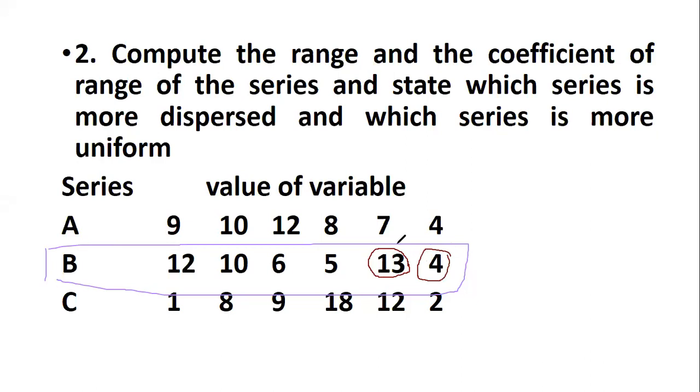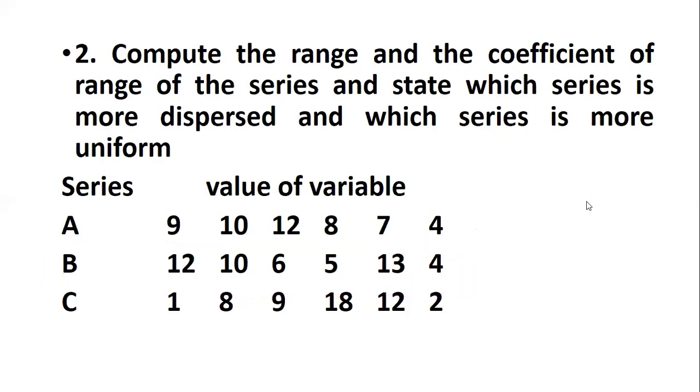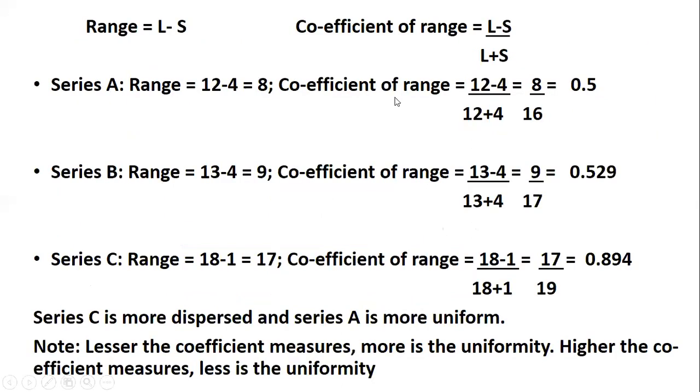Now let's go back and solve this for series B. Range is largest number 13 minus smallest number 4, so range is 9. Coefficient of range is 13 minus 4 divided by 13 plus 4, which is equal to 9 by 17, which is 0.529. Here for series A it was 0.5 exact. So that is how you find range and coefficient of range for series B.